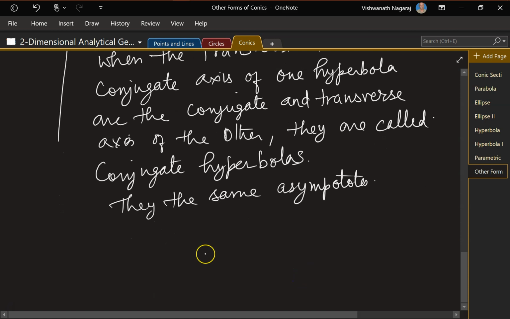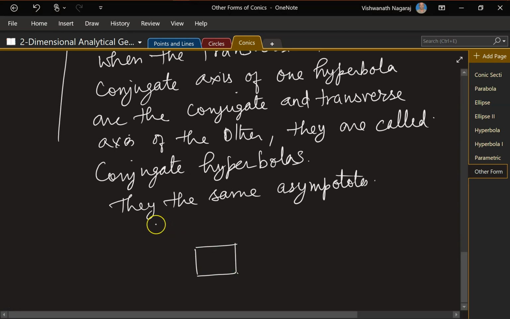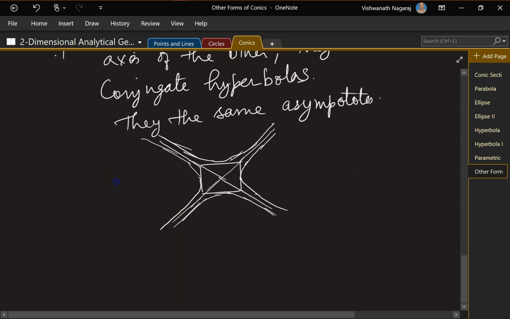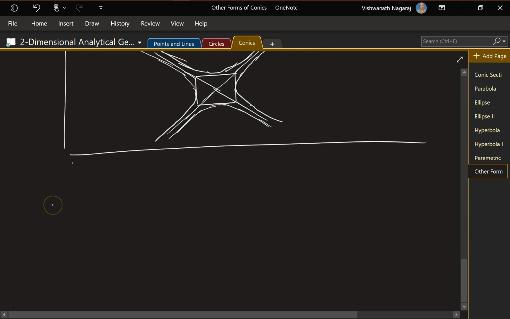The easiest way of drawing this is to draw the rectangle, then draw the asymptotes via the diagonals, or draw the diagonals and extend them. And now you draw this, which is one hyperbola, the standard form. Then you have its conjugate. So this is one additional thing when we look at the type 1 form of hyperbolas.